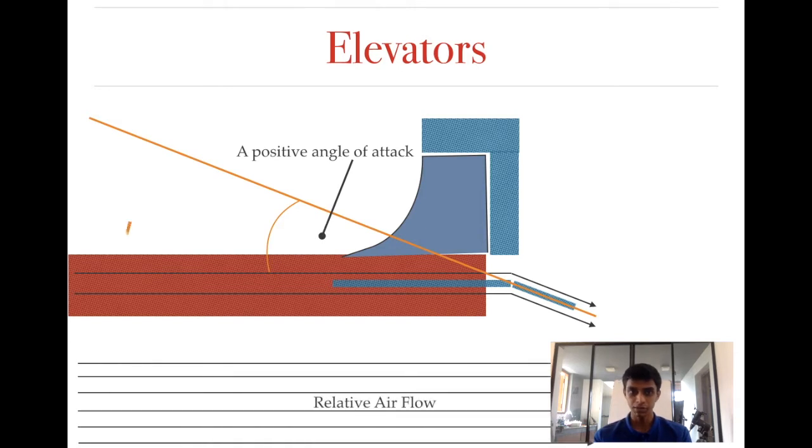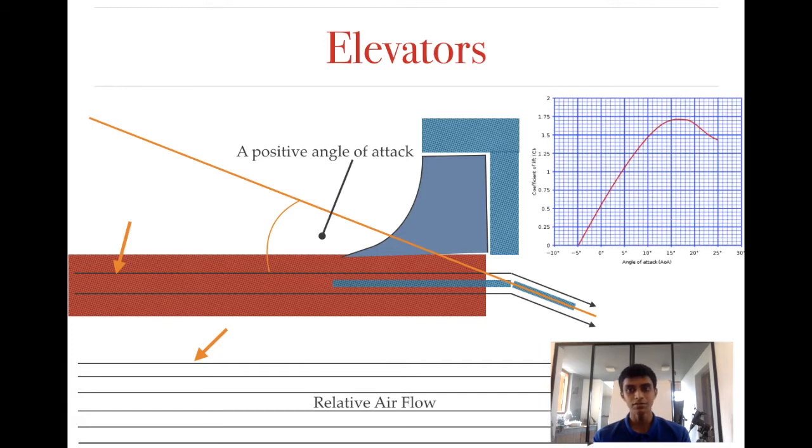Because the relative airflow and the airflow coming towards the elevator are parallel, again by the same graph, there will be a higher lift acting on the elevator, mind you. This acts on the elevator. This tries to pull the elevator upwards. It creates a lift.